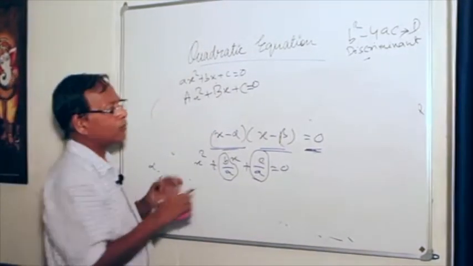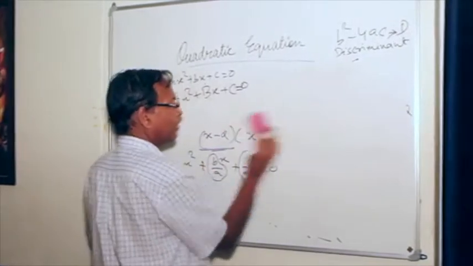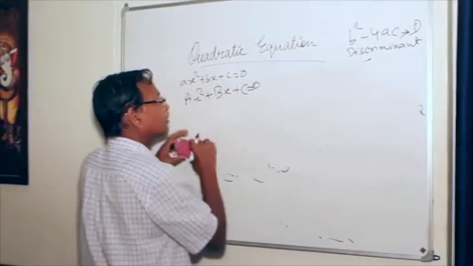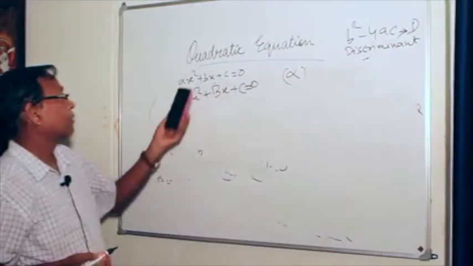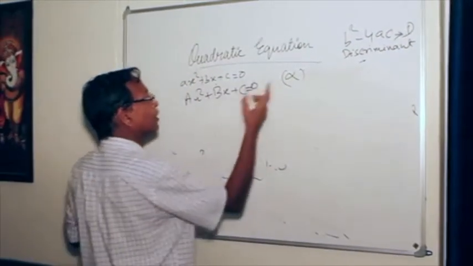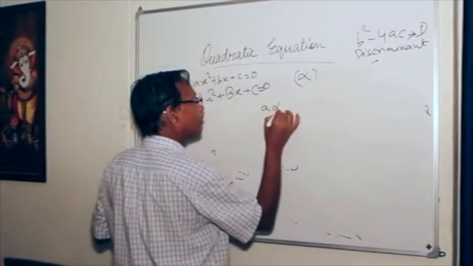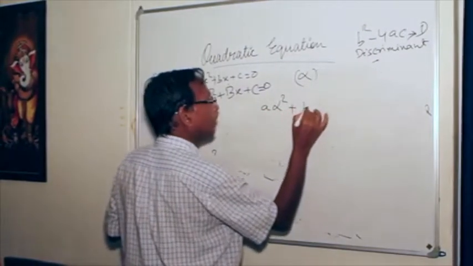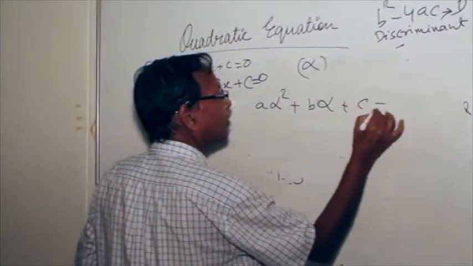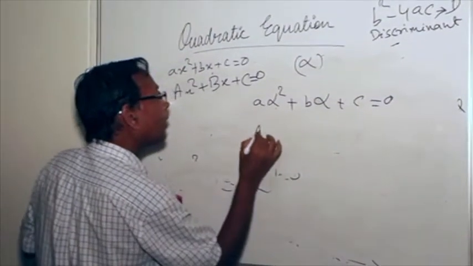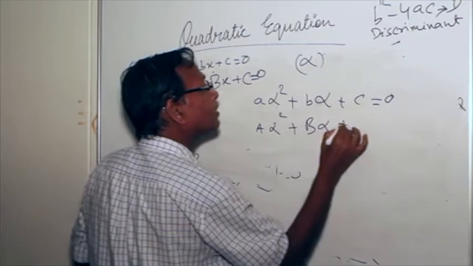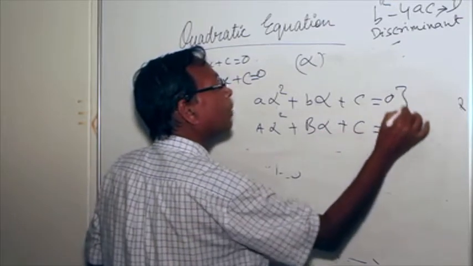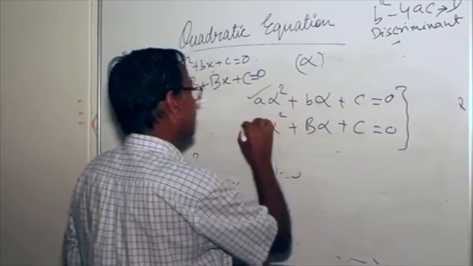Suppose alpha is a root common to both. What condition can we find? If alpha is a root, then a1 alpha square plus b1 alpha plus c1 is equal to 0, and a2 alpha square plus b2 alpha plus c2 is equal to 0, because alpha is common to both quadratic equations.